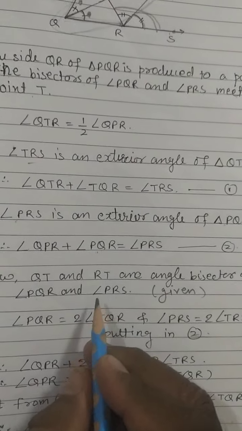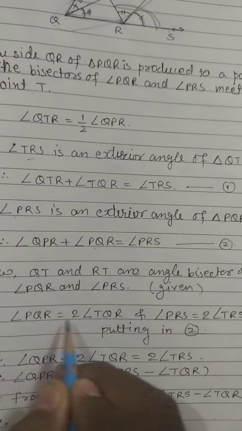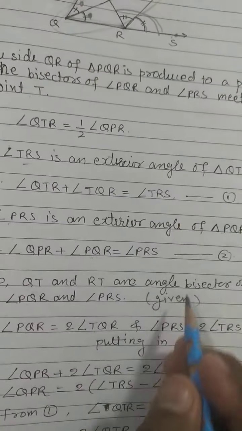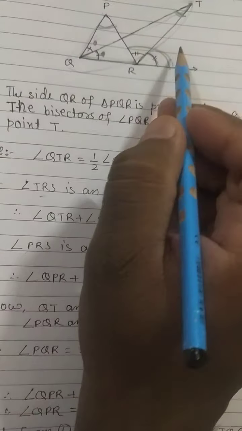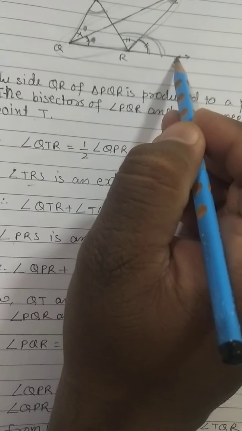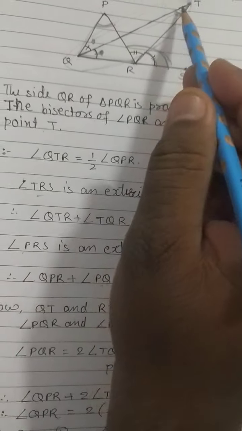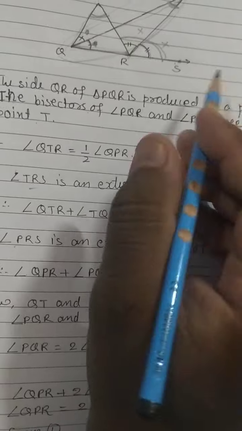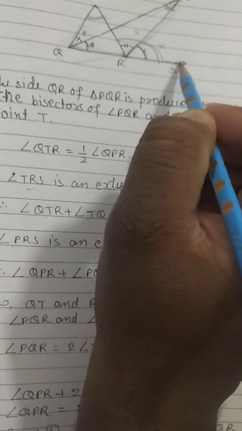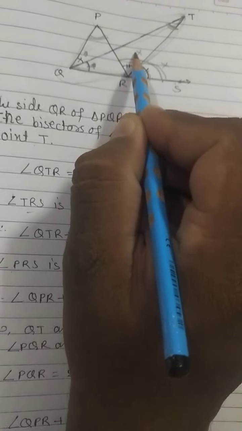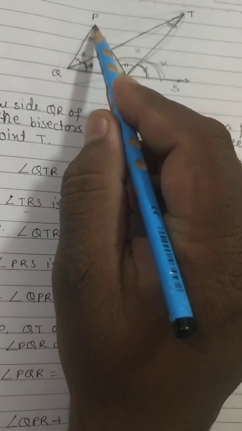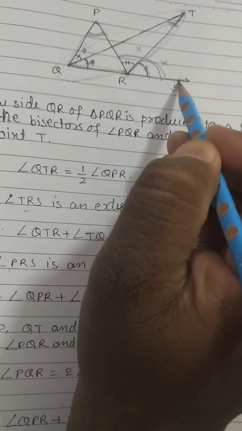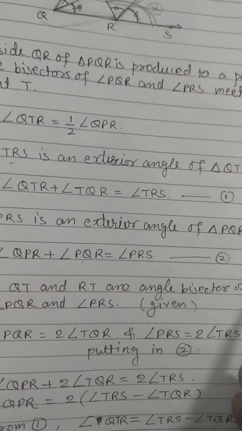So I have written angle PQR is equal to 2 times angle TQR, means this angle. Similarly, angle PRS is exactly double of angle TRS, because this is an angle bisector, so this angle and this angle are also equal. So this whole angle is twice either this or this, right? So I have taken that angle PRS is double of angle TRS.